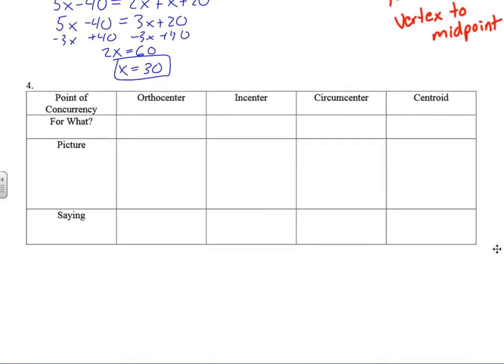Orthocenter. Now we got our points of concurrency. In a triangle we have 3 lines and we need to know where they come together. It's the point where they meet called concurrency, where the 3 lines come together. Orthocenter, it's the intersection of the altitudes. The incenter is the angle bisectors.